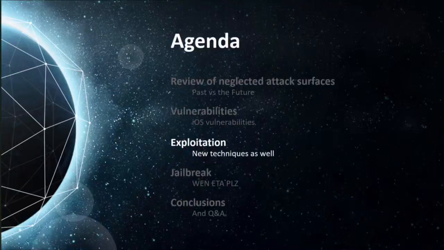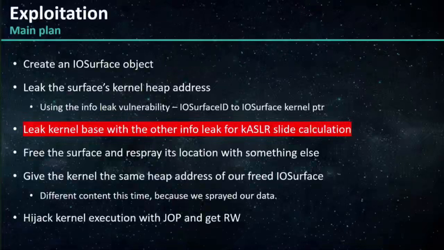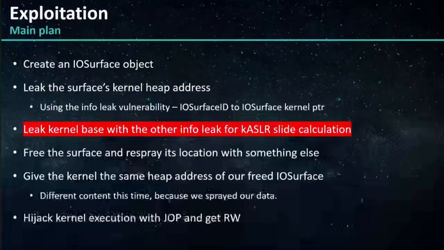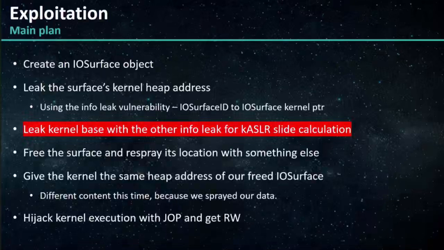So our plan is as follows. First, we create an iOS Surface object. We leak its kernel address because we have the vulnerability that gives us the kernel address from a Surface ID. And then we somehow have to leak the kernel base to find the KASLR slide calculation.